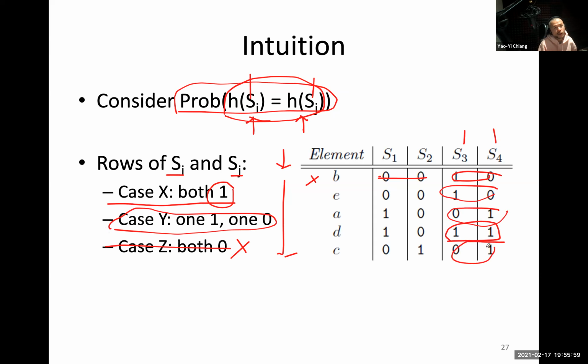So what would be the probability of seeing this before everything? That would be 1 over 5. So the probability of the S3 signature being the same as the S4 signature is 1 over 5, because you can randomly permute all these rows.